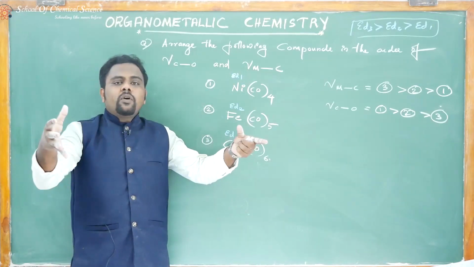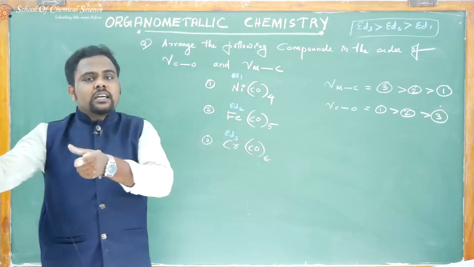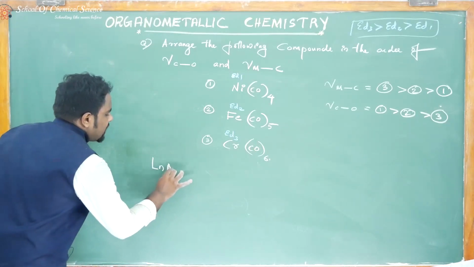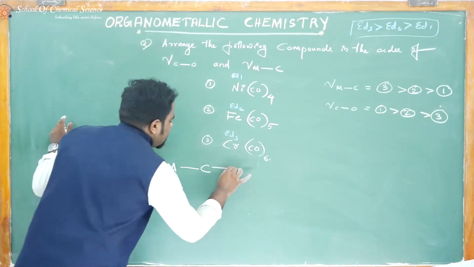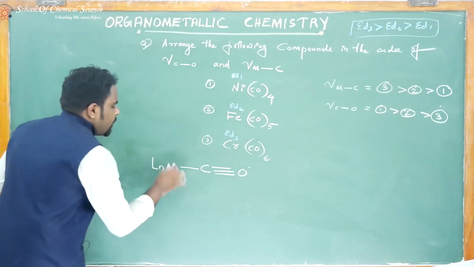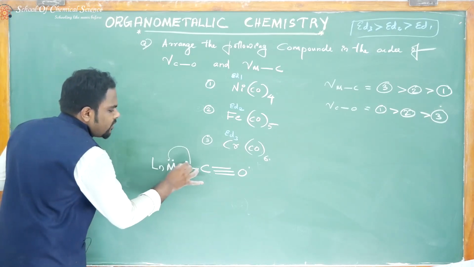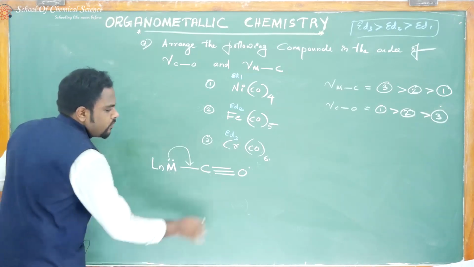When the metal carbon bond order or stretching frequency increases, the carbon oxygen bond order decreases. This is the general representation: L_n metal, C triple bond O. The metal having surplus electron density will back donate it to the vacant pi star orbital of carbon.